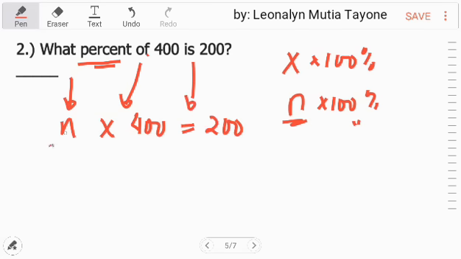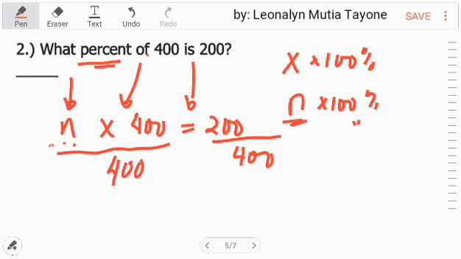Para ma-isolate si n dito, kasi multiplication siya, dapat mag-divide tayo to both sides. Or itong 400 magiging denominator dito sa kabila. Pareho lang din yan. So, mag-divide tayo ng 400 to both sides para ma-cancel out si 400 dito. Nandito na siya sa kabila. 200 divided by 400, and that is also equivalent to 1/2.